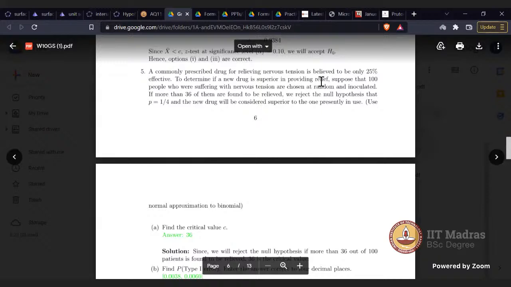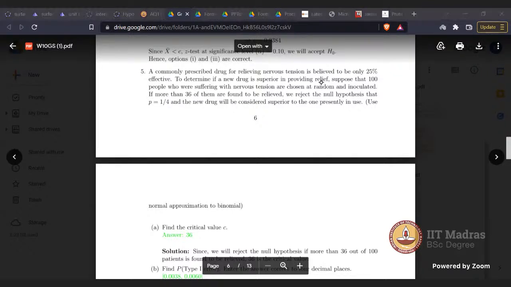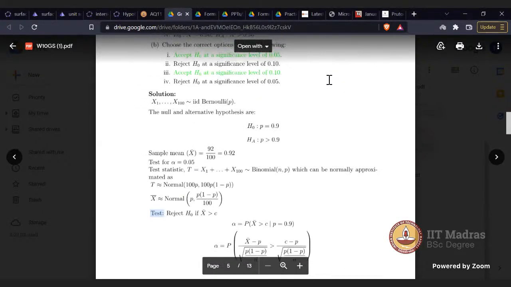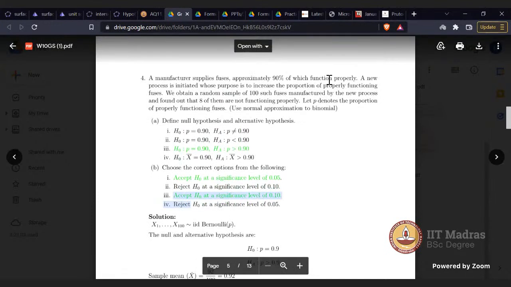And in the question, it is given superior. That's why the alternative hypothesis should be greater than 1 by 4. If it is not mentioned as superior, something like greater than some value, like 25, will be mentioned in the question. Let's see this.